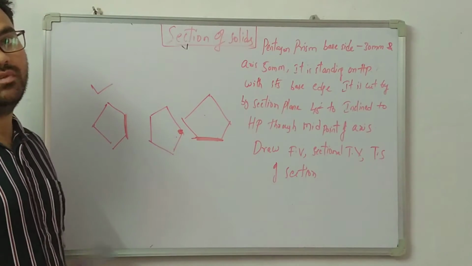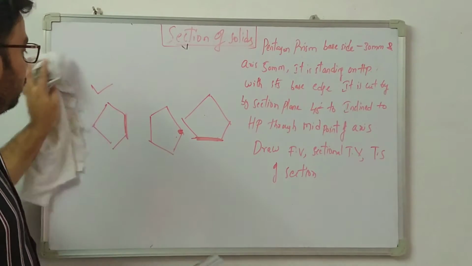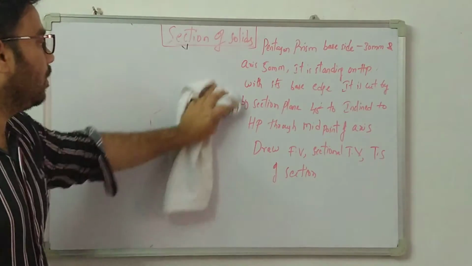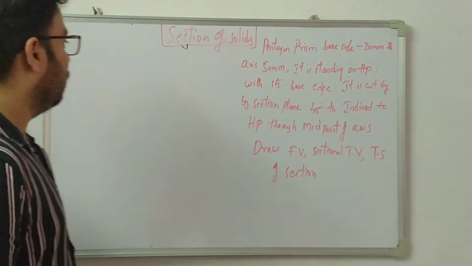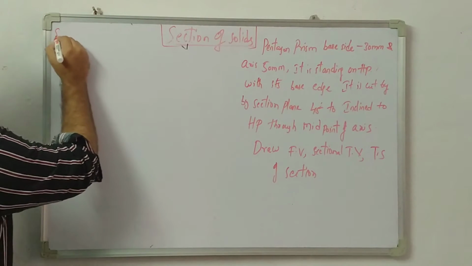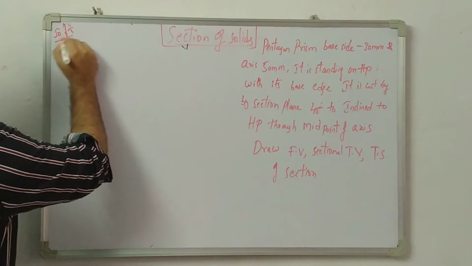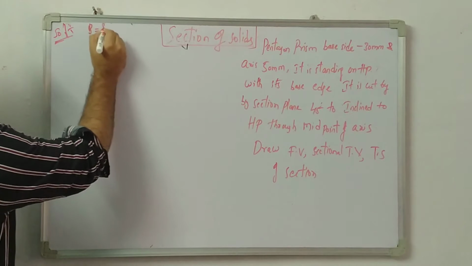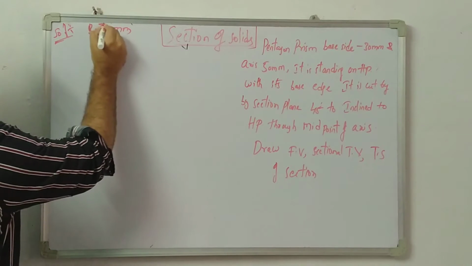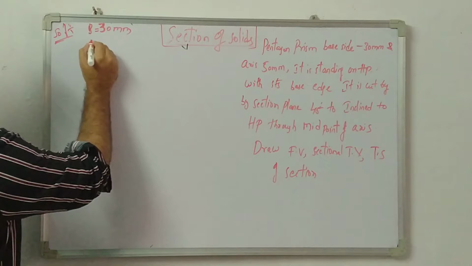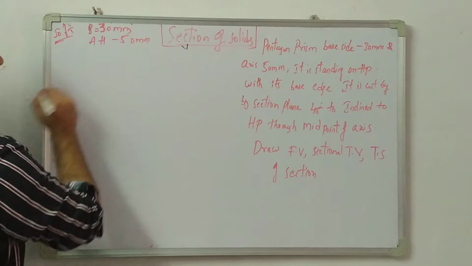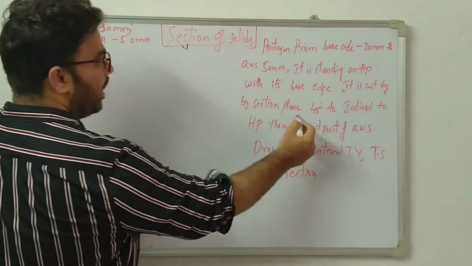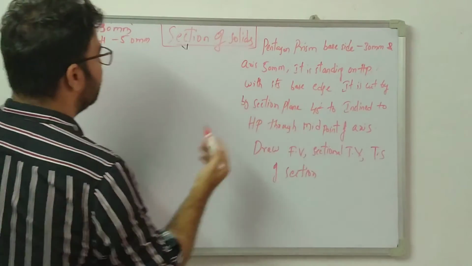The initial position is very important while drawing the problem. So what is the solution? Given data: base 30 mm and axis height 50 mm, and the sectional plane is 45 degrees inclined to the HP.